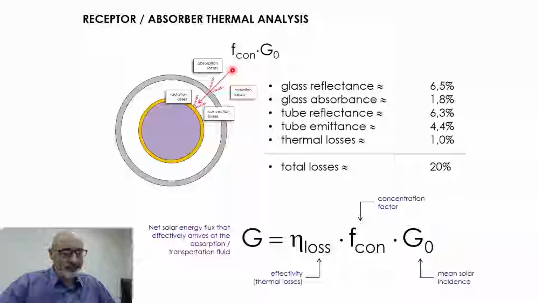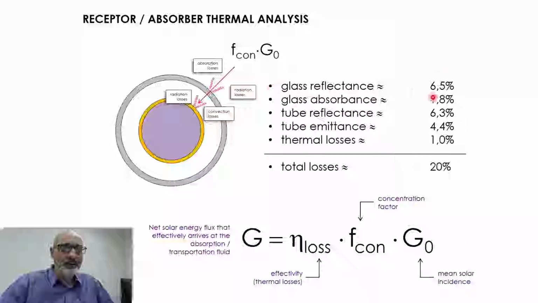But when it enters the vacuum and goes right through to the absorber tube, you can also have radiation losses, and also convection losses, because this vacuum is not perfect. With time the system ages, and you start having some leak of air into this region, so you may have convection losses and all kinds of losses actually.